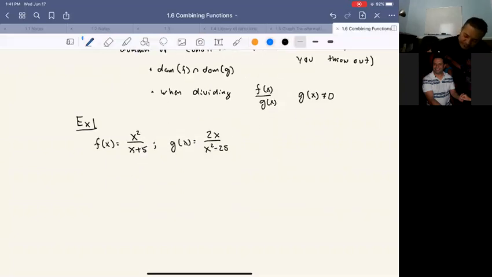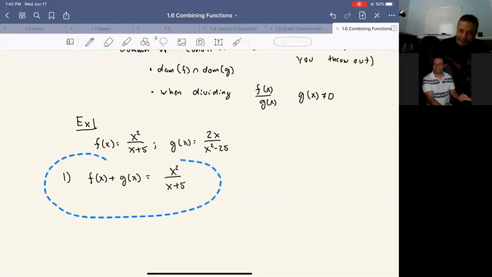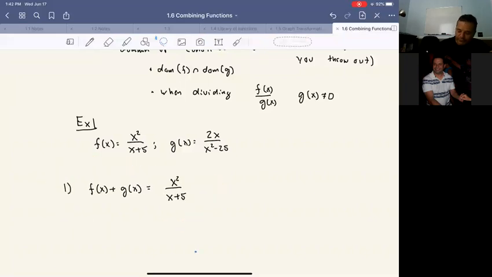First, let's take f of x plus g of x. So we're going to have x squared over x plus 5, plus 2x over x squared minus 25.